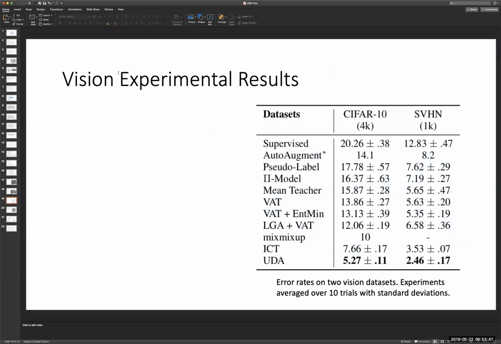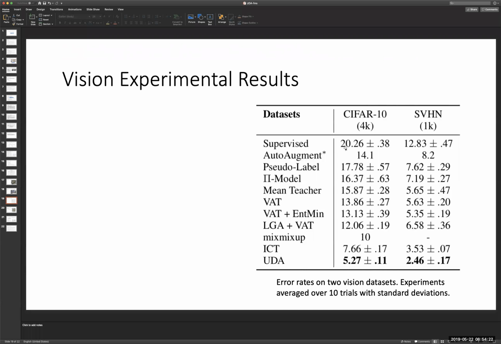So here are the vision experimental results. There are 2 columns, one for each of the data sets. The very first line is the baseline of supervised training. That means in CIFAR-10, we simply take 4,000 labeled images, train it, and then test on out-of-training data.